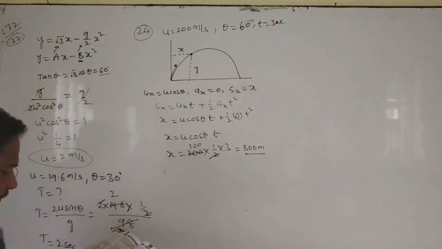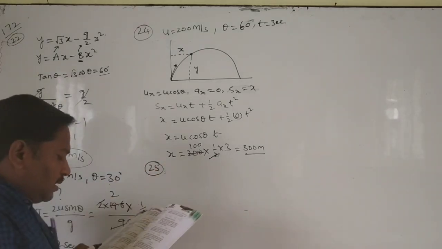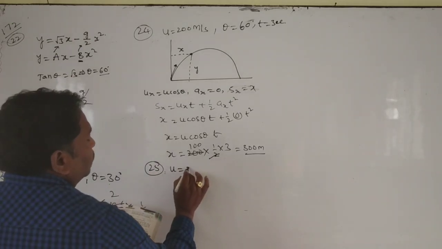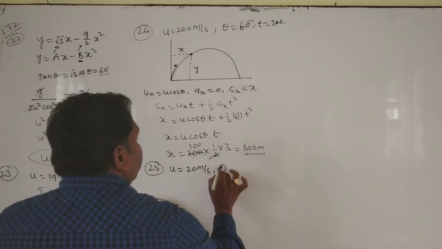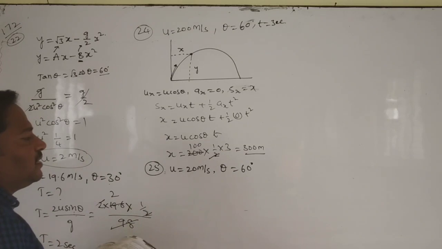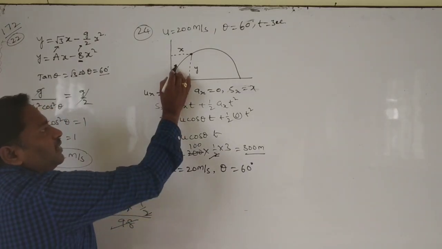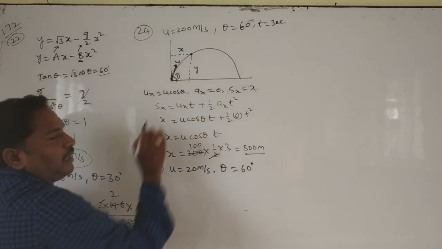Next, question number 25. A body is projected with initial velocity u equal to 20 meters per second and theta equal to 60 degrees with the horizontal. What is the initial velocity vector? When we project with the velocity u, it makes an angle theta.